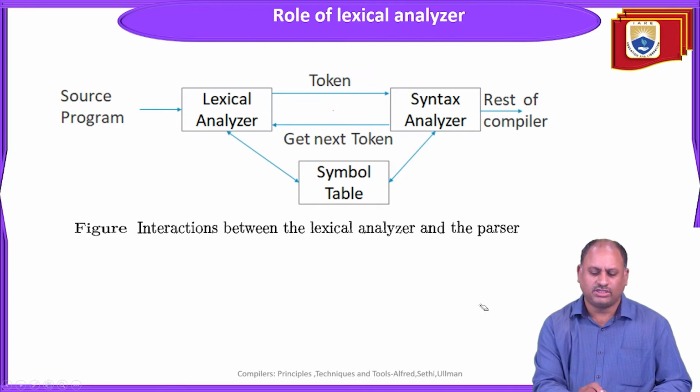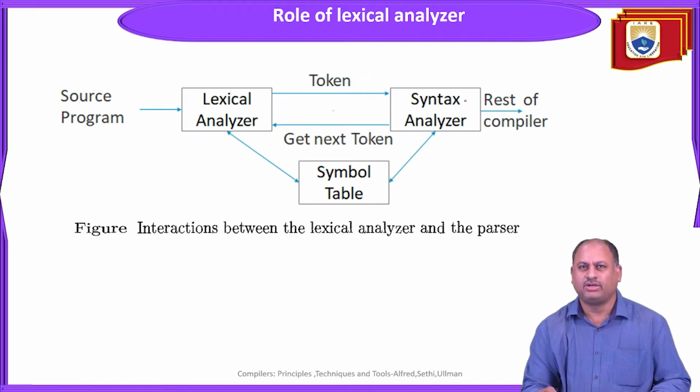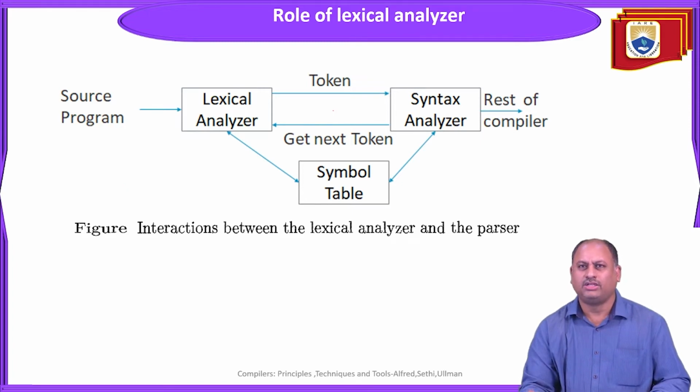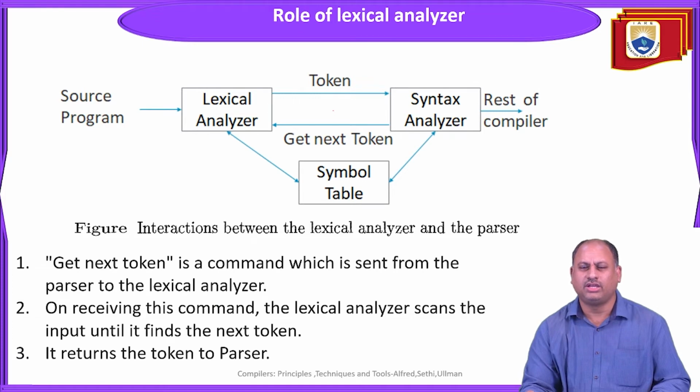So we can say this is the difference between the lexical analyzer part and the syntax analyzer part: reading the tokens and then asking for one more token until completion of the last statement in the execution of the instruction. Then the loop is completed. This is the analysis done by this diagram. It accepts the command get next token, the method sent from the parser to the lexical analyzer. Why?